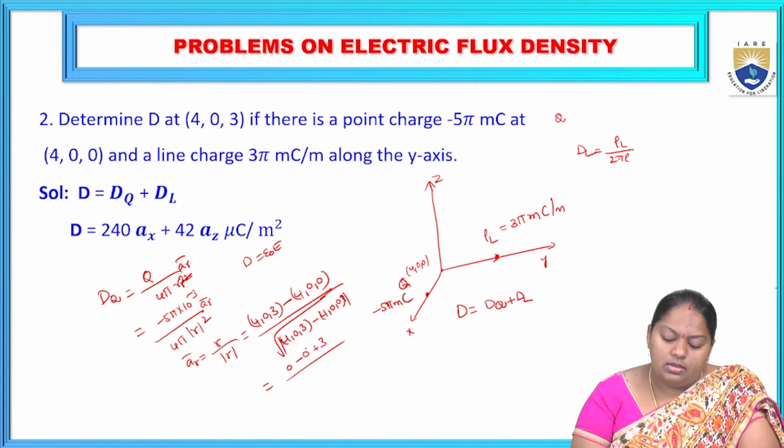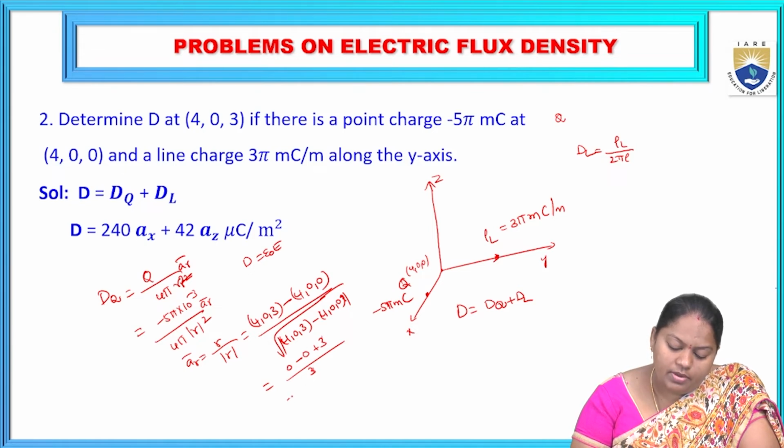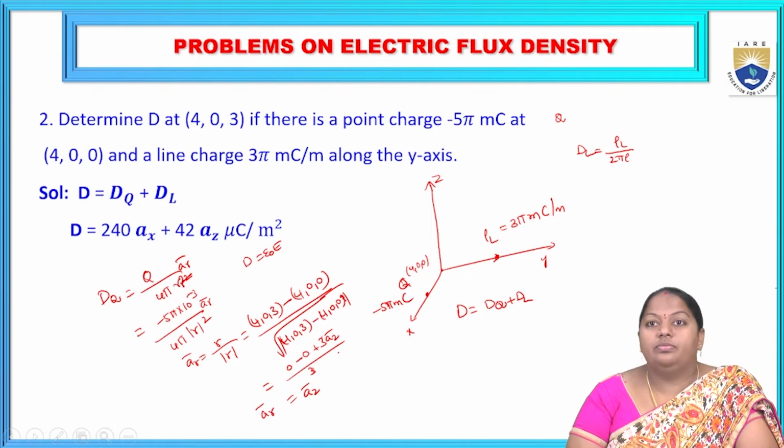Again the magnitude becomes 3, because 4 minus 4 is 0 and the root of 3 square becomes 3, and the 3 gets cancelled. The aR value is 3 az by 3, so az is obtained as the aR value.